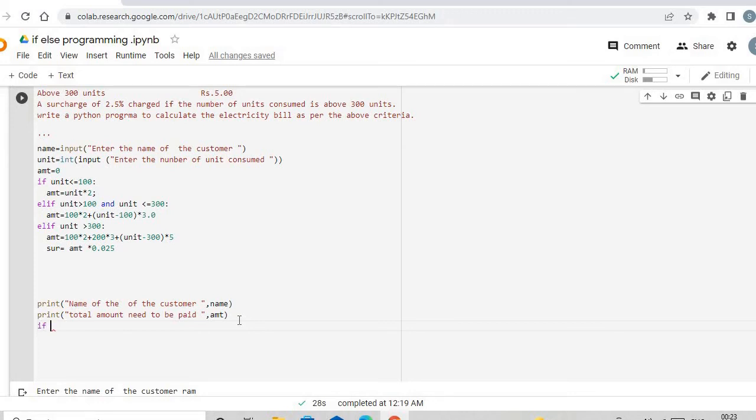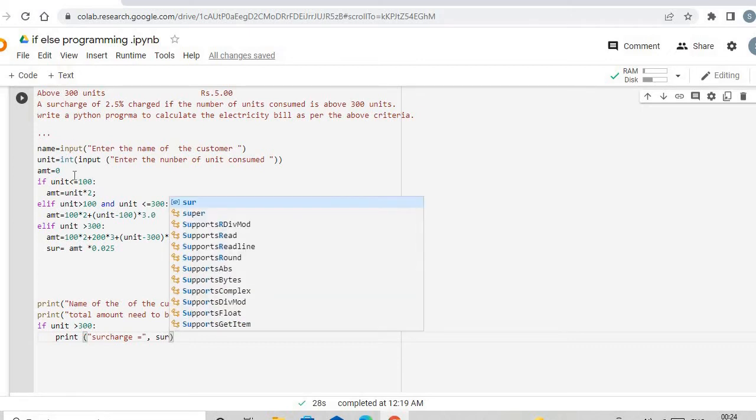If unit greater than 300, then print the search change. Print searches is equal to, comma, then I have to print the searches SUR.